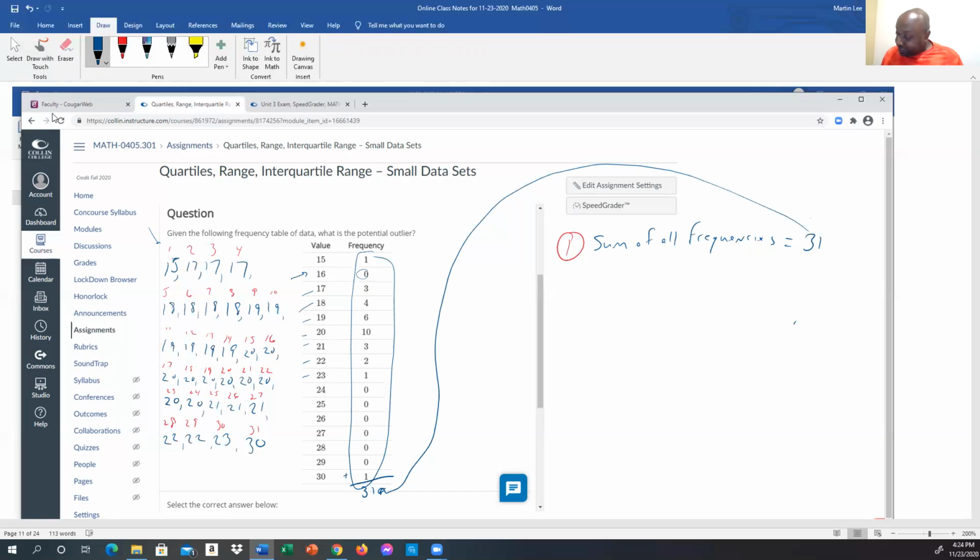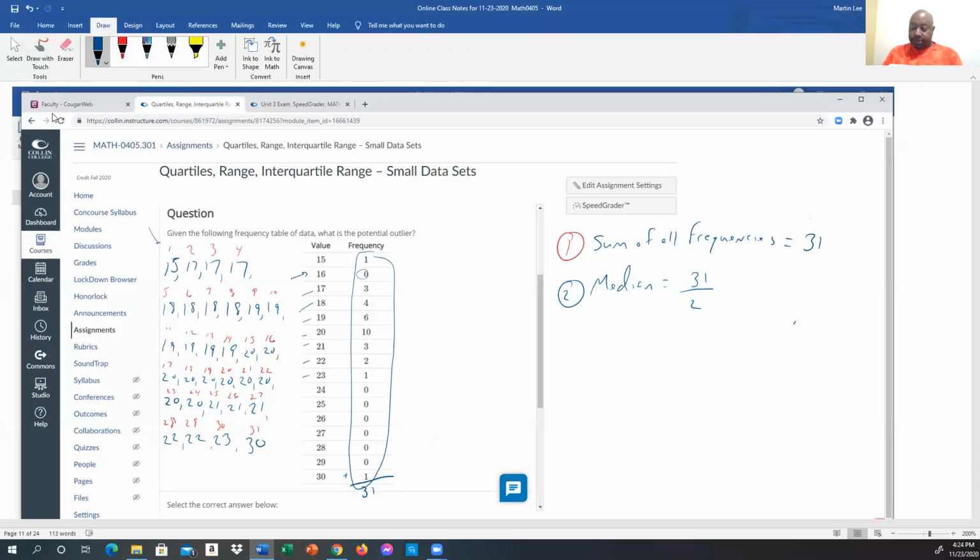Second thing, we need to identify the median, or the middle number, from this data set. We can find the median by looking at the total number of numbers, which was 31, and dividing that by 2.